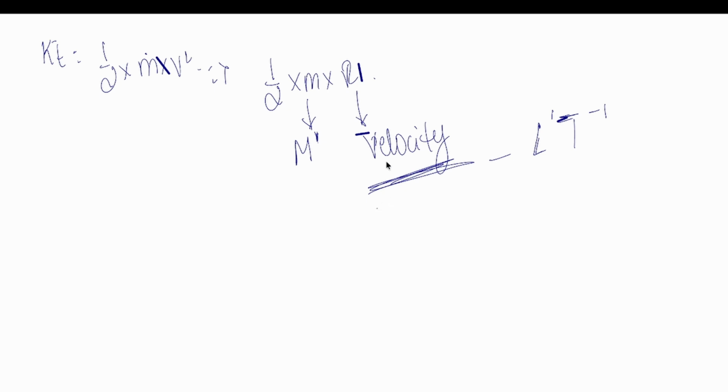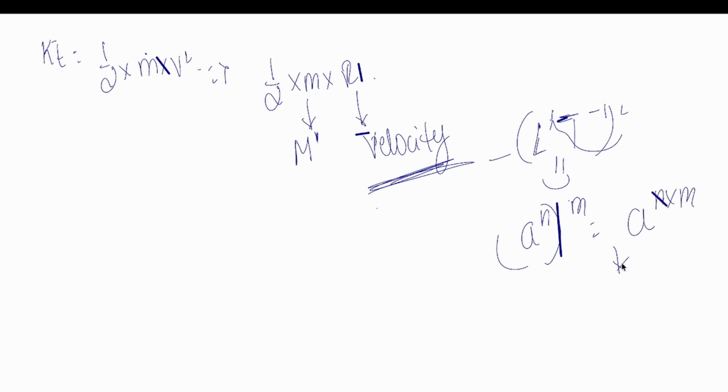We'll learn the dimensional formula of all the quantities in a few moments. And it is whole square. So let's multiply 2, as per the formula that says a power n whole power m is equal to a power n into m. If you apply the same analogy here, that would become L power 2 and T power minus 2. Moreover, half is dimensionless.